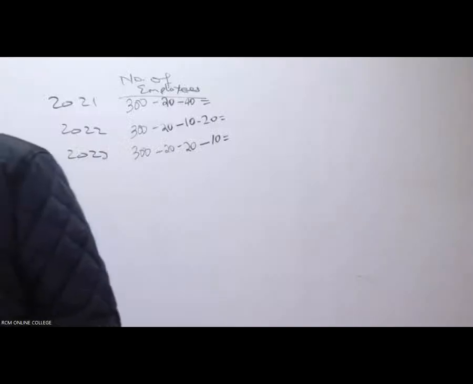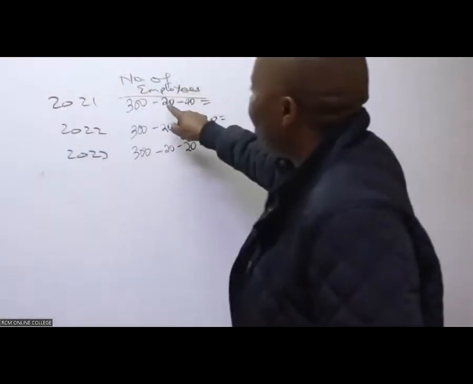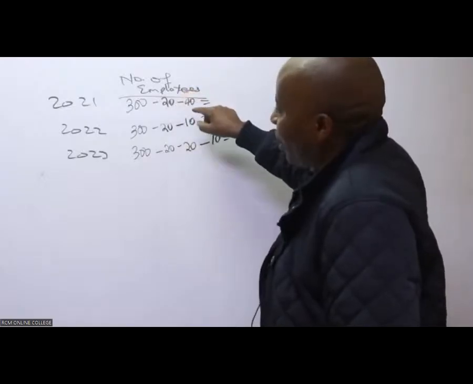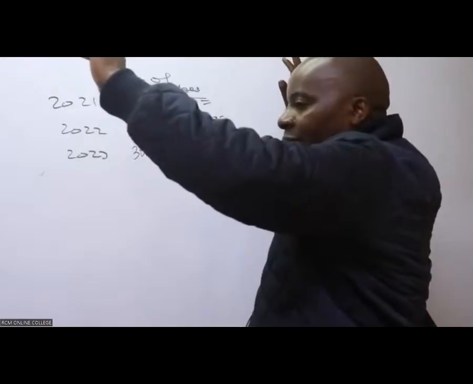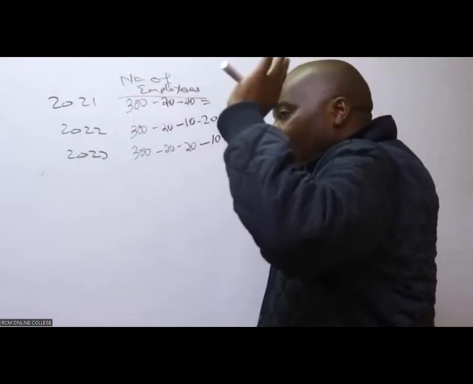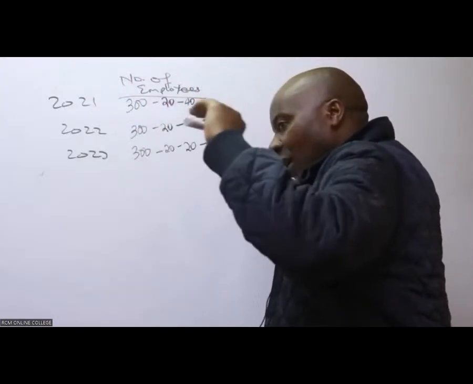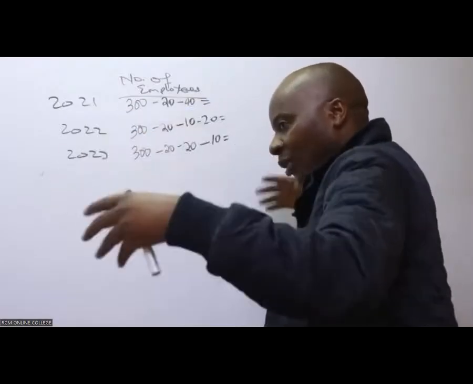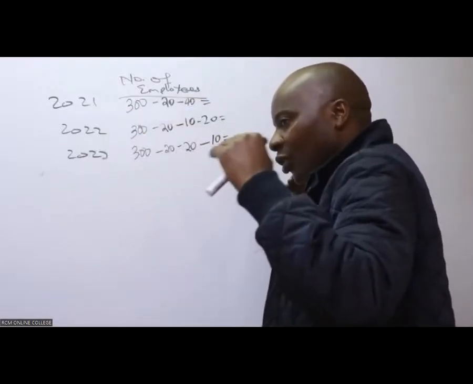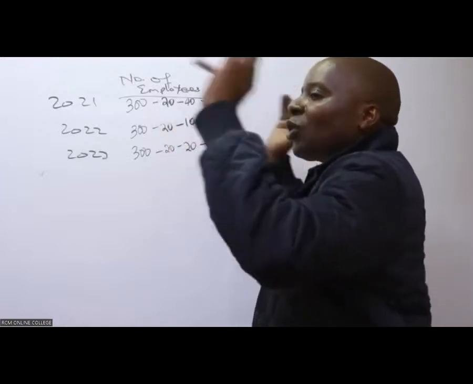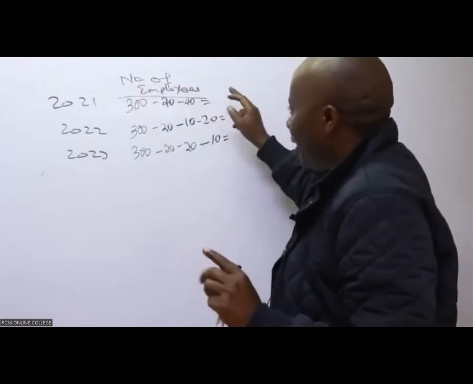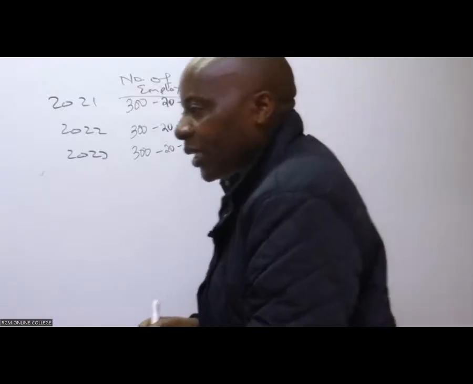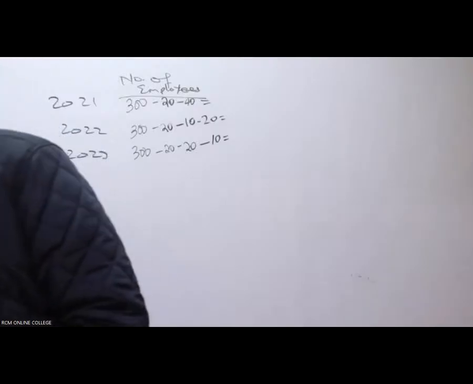So in 2021, ladies and gentlemen, I'll subtract the guys who have actually left, minus the guys I expect will leave in future, so that I can know exactly, at the end of 2021, because I'm trying to provide for an obligation in my balance sheet, how many guys I project to stay behind. So this is okay. Now, which gives me what answer here? The first one I'm being told is 240.